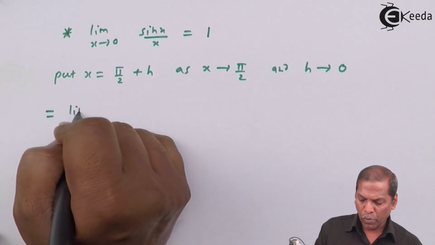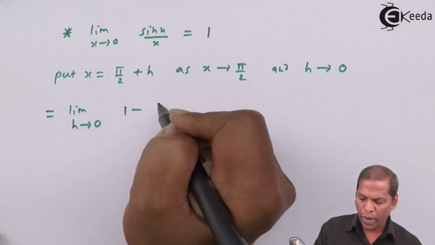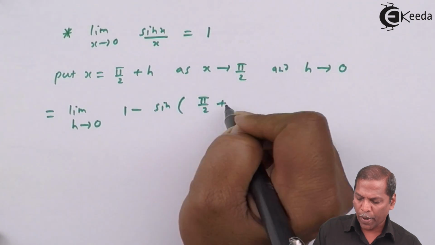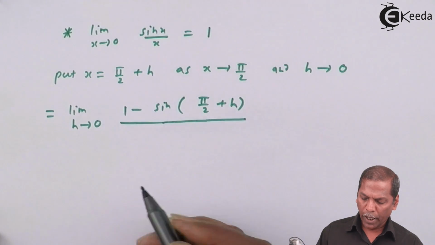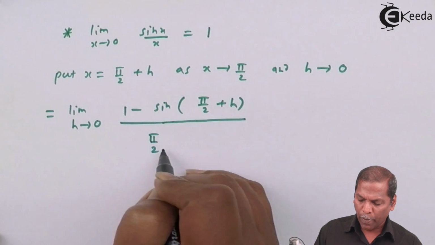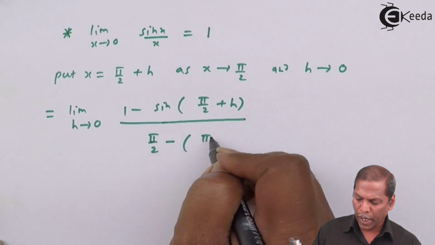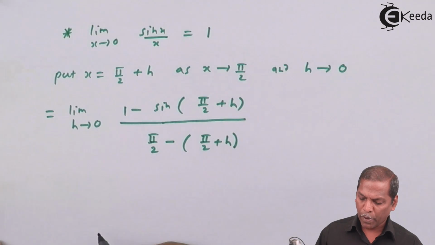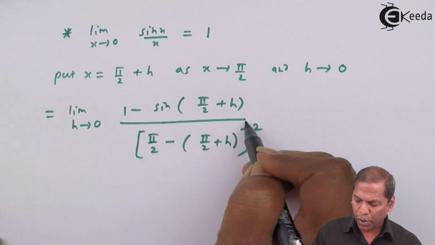So it is equal to limit h tends to 0, 1 minus sine of (pi by 2 plus h) whole thing divided by pi by 2 minus, now again for x we write in bracket (pi by 2 plus h), bracket complete, and whole bracket square.